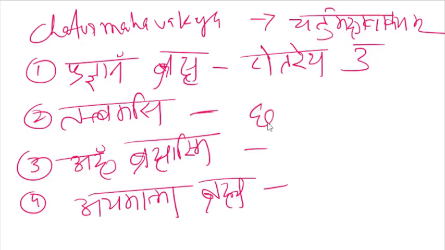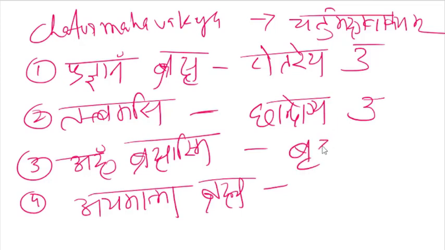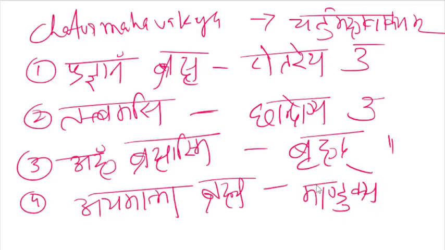Tattvamasi belongs to Chandogya Upanishad. Then Aham Brahmasmi belongs to Brihadaranyaka. And Ayam Atma Brahma belongs to which one? Mandukya Upanishad. So these things you should keep in mind. A question may be asked from this also.